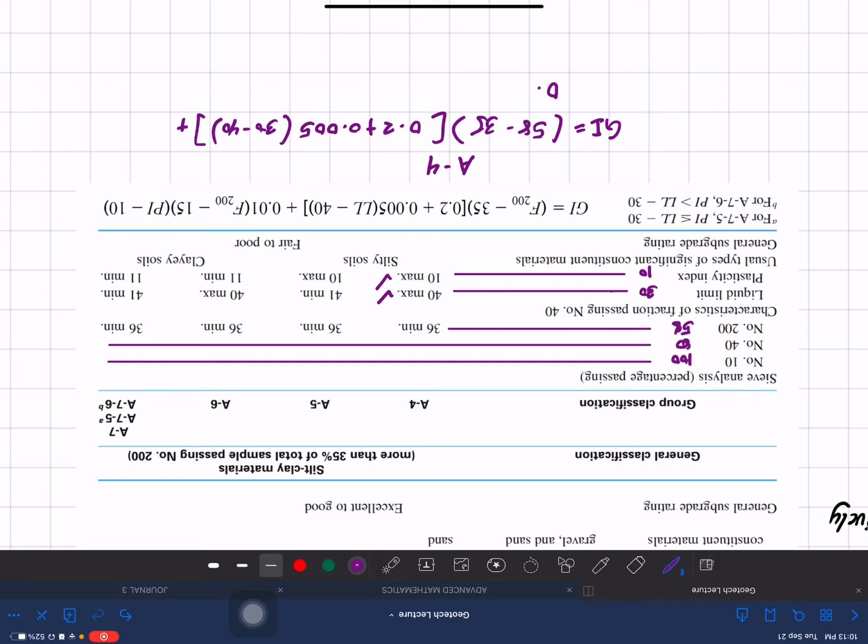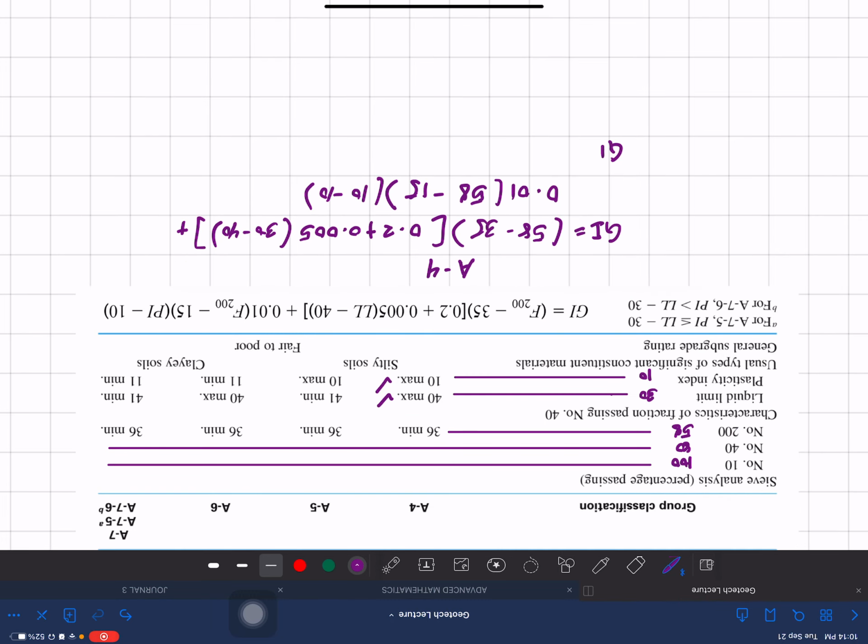and then plus 0.01 multiplied by F200, rather, this is 58 minus 15 multiplied by PI, which is 10 minus 10. So, yung second term natin is mag-zero na.